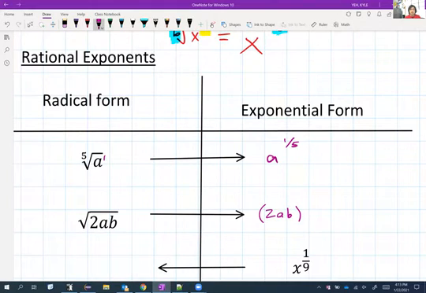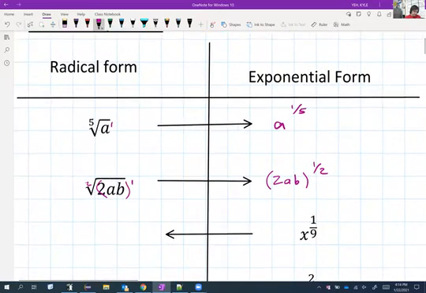We saw an example of this in the notes before. 2ab, it's all to the first, and there's an invisible 2 there, to the 1/2 power, 2ab to the 1/2 power. And this is something that I will ask you guys to kind of know and maybe memorize, that the 1/2 power is the same as a square root. If you memorize that, it'll help you a lot. You're going to see it pop up a ton.